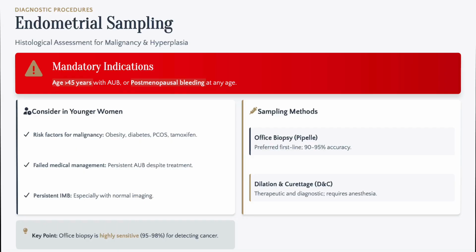The key point here is office biopsy is highly sensitive, 95 to 98% sensitivity for detecting cancer. And histology will distinguish between hyperplasia, which can be two types, typical and atypical, and also distinguish carcinoma.